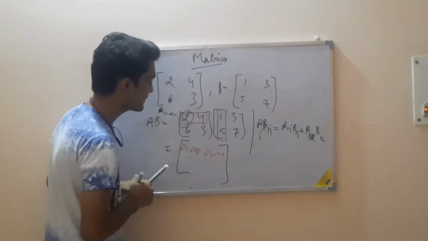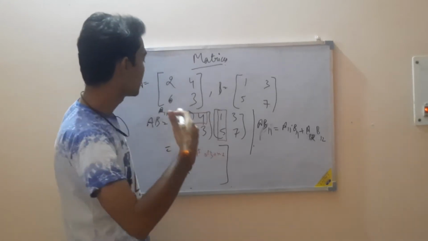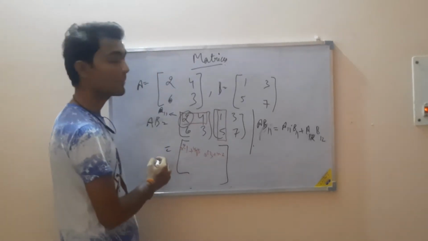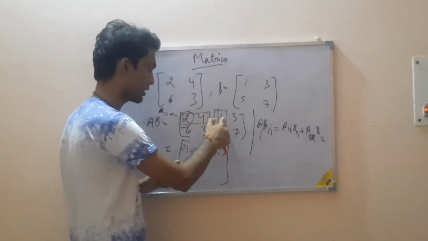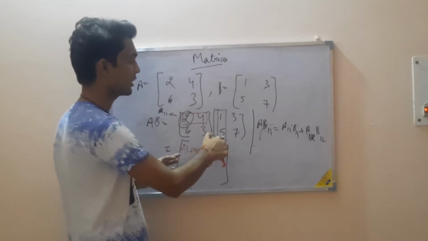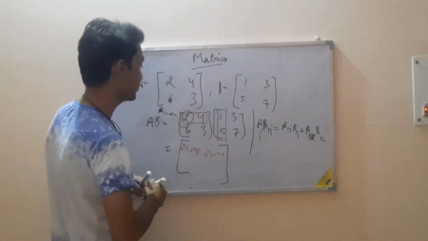Now for writing the next value in the AB matrix, it will be 6 into 1 plus 3 into 5.